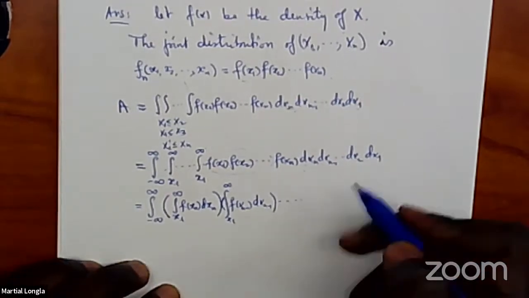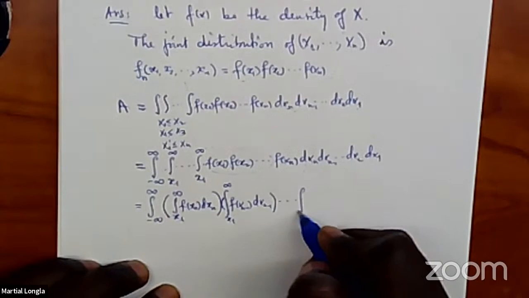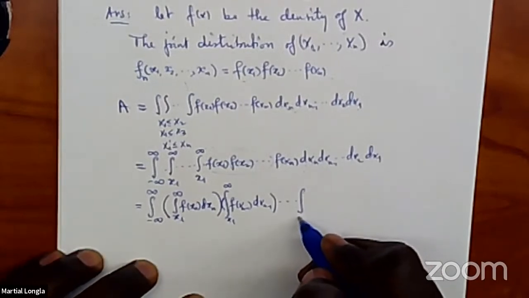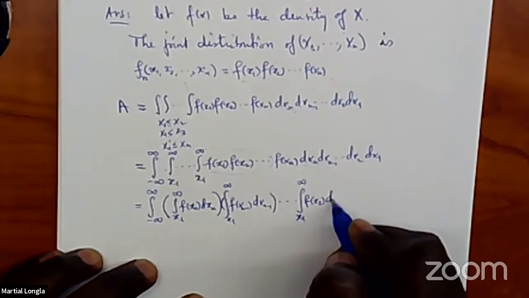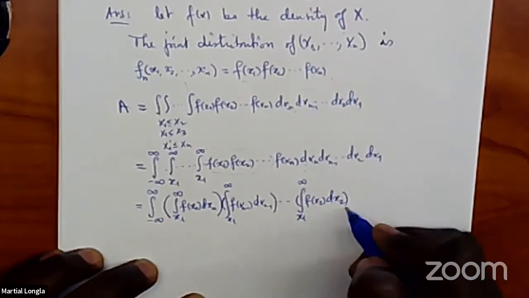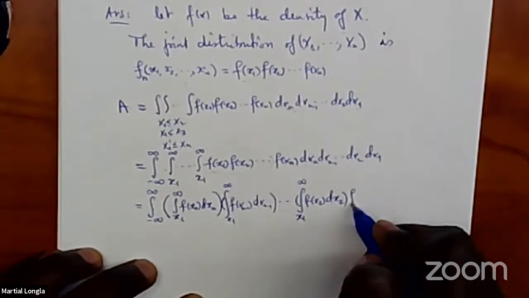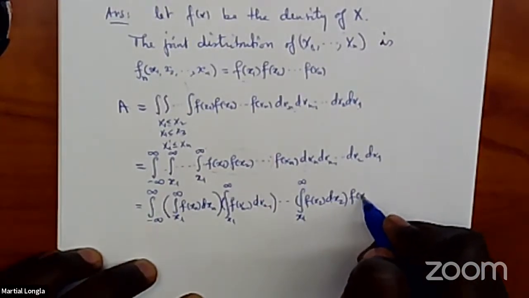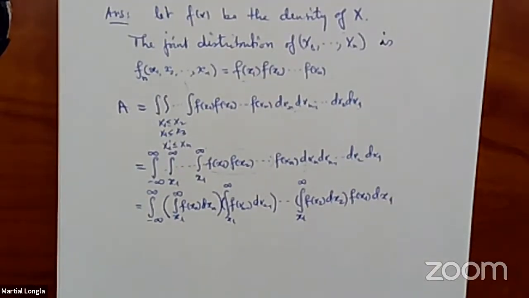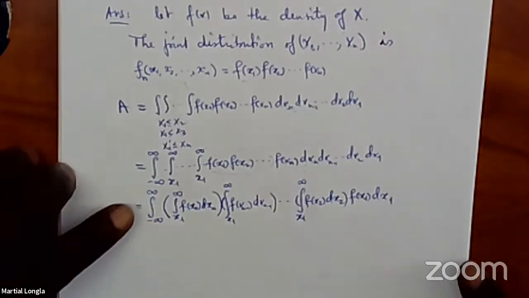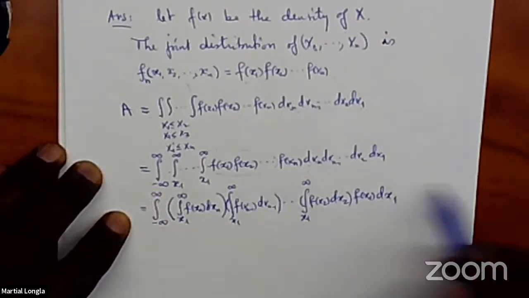It continues the same way all the way down to the integral from x1 to infinity of f of x2 dx2. And then what will be left is f of x1 dx1, right? Because all those integrals in between, due to independence, have nothing to do with each other. I can get them out of each other, and in the end, it's a product of such integrals.